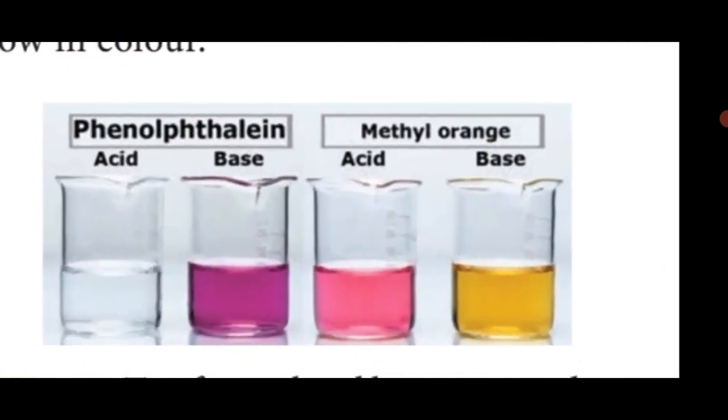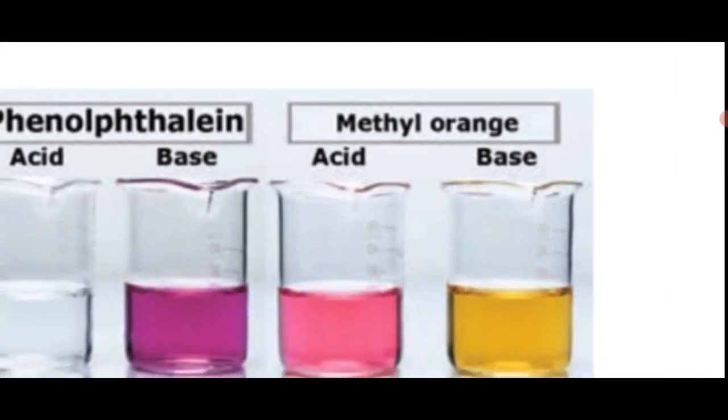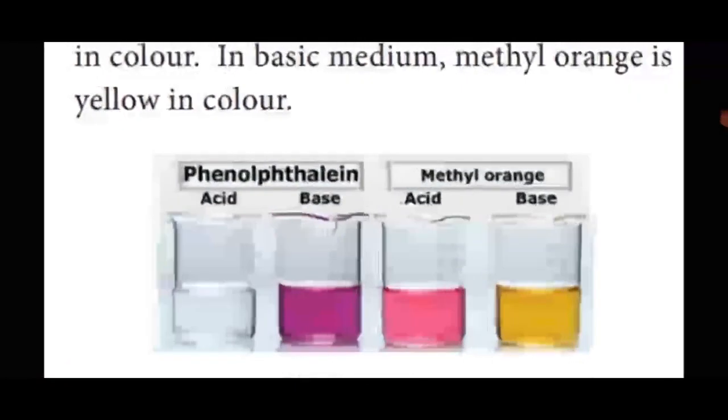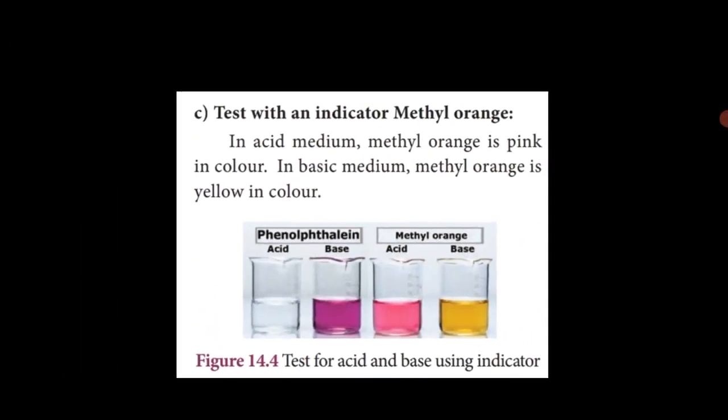See this picture, methyl orange added to acid and base. Acid changes into which color? Pink. But when a base is added to methyl orange, the color changes to yellow. These color changes indicate whether the substance is acid or base.